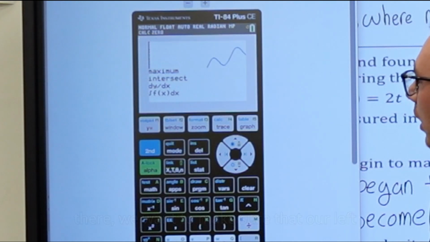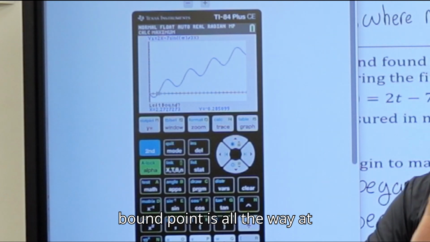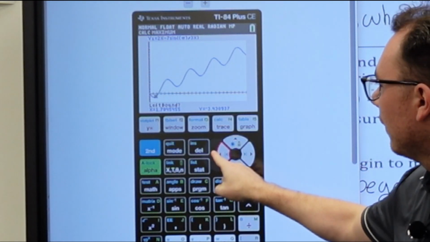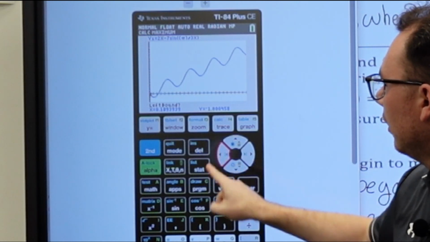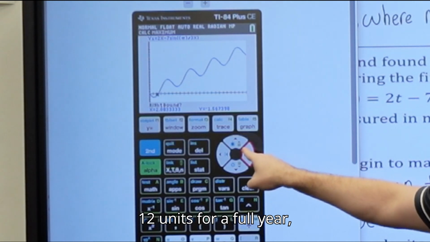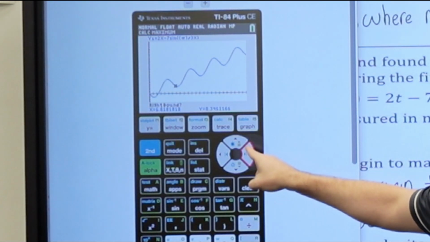For that maximum value, we want to make sure that our left bound point is all the way at 0, because that's when she first started doing her bakery. Hitting enter. And now we want to go over 12 units for a full year, because there are 12 months in 1 year.